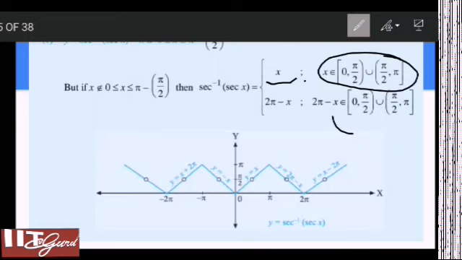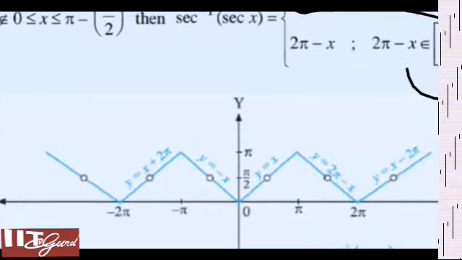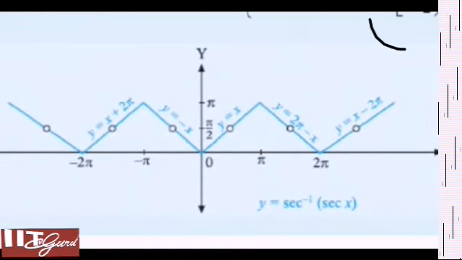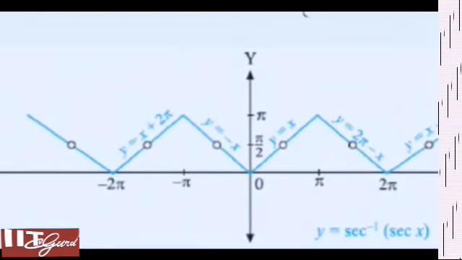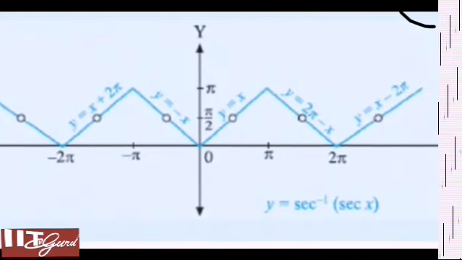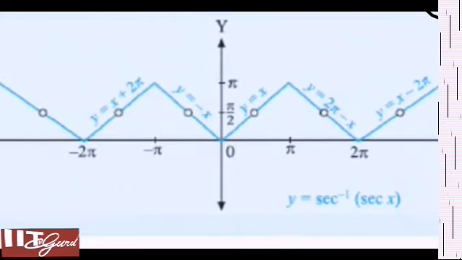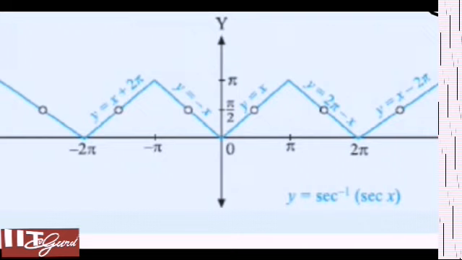This graph of sec inverse sec x, let me zoom in, is just analogous to cos inverse cos x. Wherever cos x vanishes, sec x is not defined, so sec inverse sec x is also not defined. So we have to ignore those points where sec x is not defined.